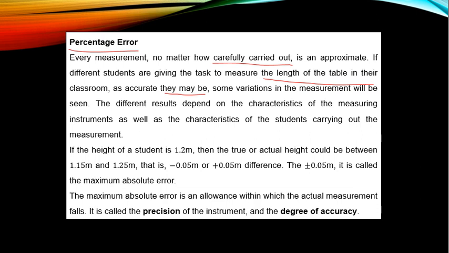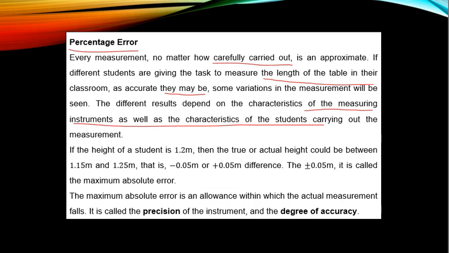The different results depend on the characteristics of the measuring instruments as well as the characteristics of the students carrying out the measurement. Maybe due to distraction from fellow students, maybe the measuring tape or ruler is not straight enough, so you see variations in the measurement.